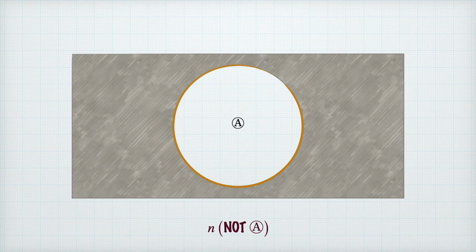If I asked you how many pencils are not red in color, the answer is pretty obvious. You would say four. And how did you arrive at the number four? You said, okay, there are five pencils, and only one of them satisfies the condition that we do not want it to satisfy, so we just get rid of it. And that's pretty much all you have to do here as well.